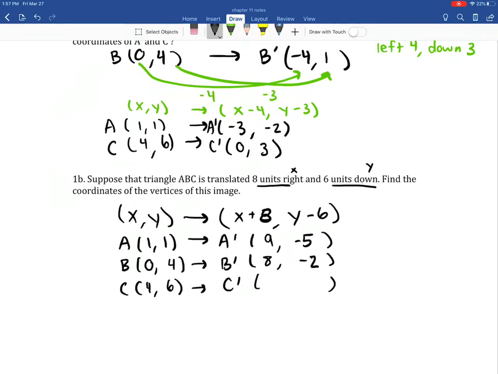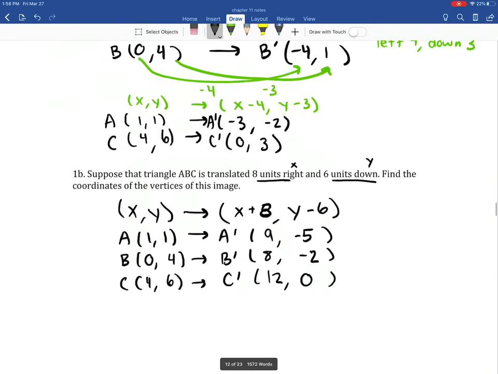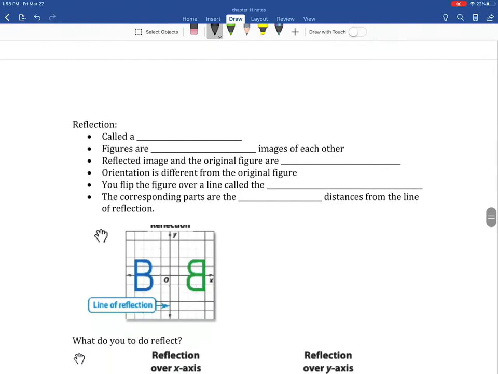C prime, 4 plus 8 is 12. 6 minus 6 is 0. So we have our new coordinates at (9, -5), (8, -2), and (12, 0).